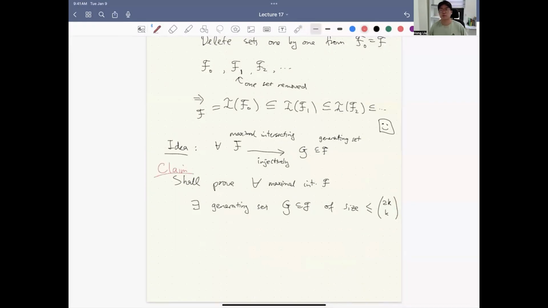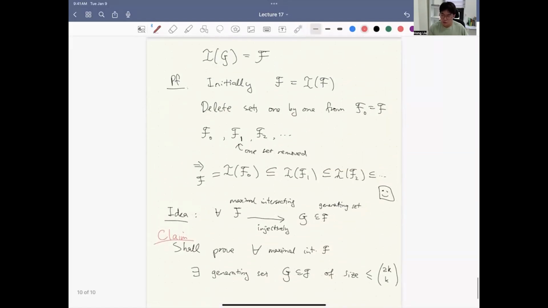I'm running out of time, so we'll probably do it next time. We're going to prove that for every maximal intersecting family F, we can do this deletion. You just go down to the last position in this inclusion where we still have equality, where it still generates this guy.